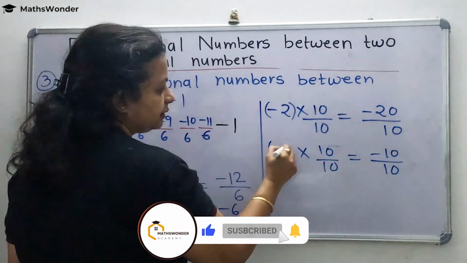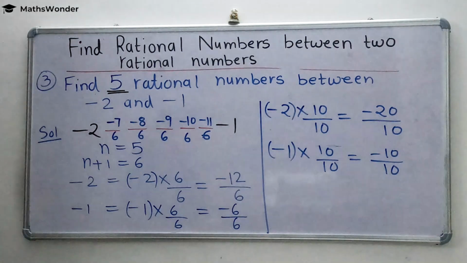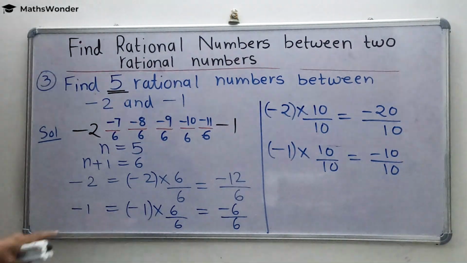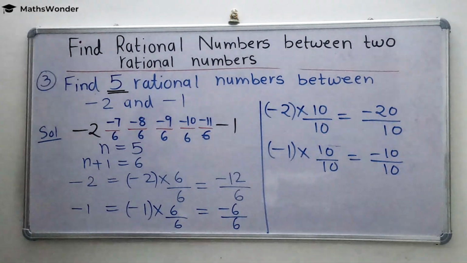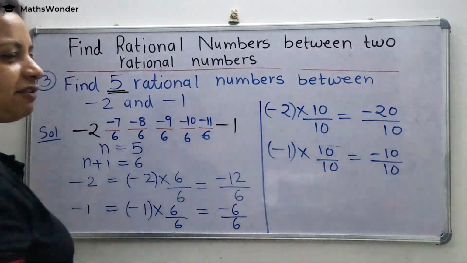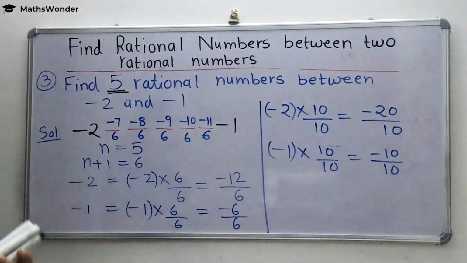Is 10 a specific number, or do you just choose any number? Any number you can choose. But see, if you use this n method, then it's a particular number you have to take. But if you're not using the n number, you can multiply and divide with any number, because between any two rational numbers there are infinite rational numbers, so there is no limitation.